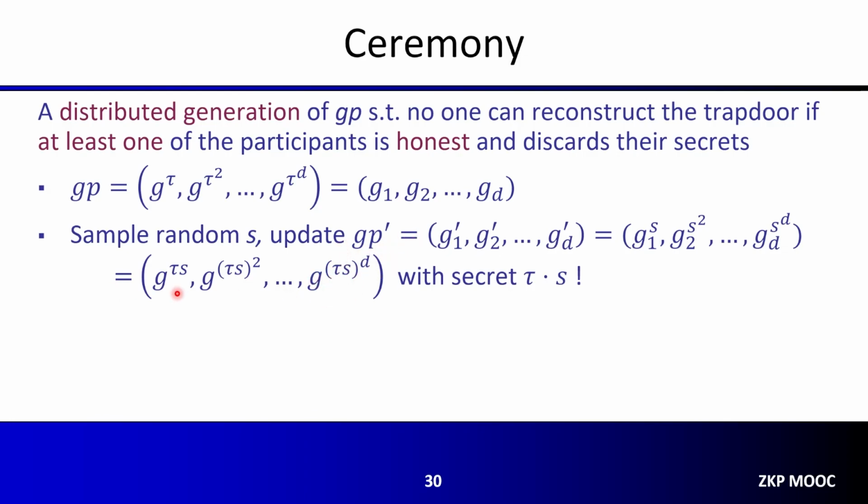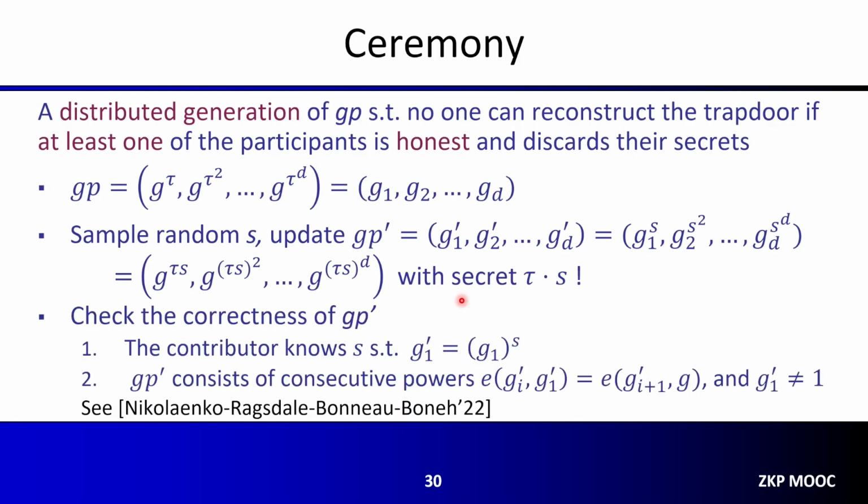Which means that this new set of global parameters is actually equivalent to generating it using the secret tau times s from the beginning. So this gives you a sense that if everyone's honest, then they can still form the correct generation of the global parameters using the product of all the secrets from all the parties.